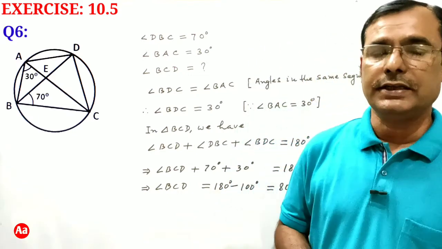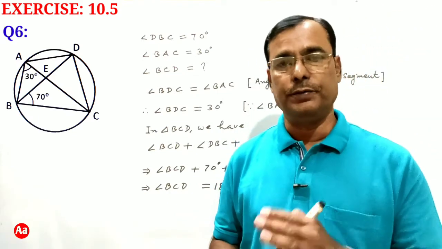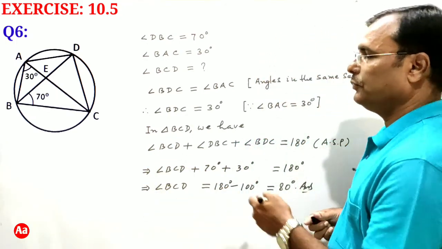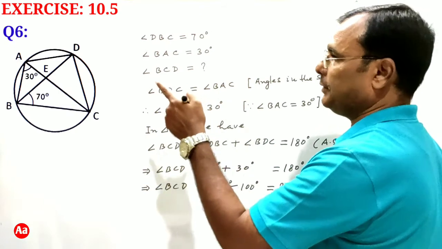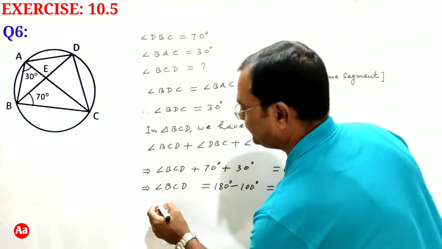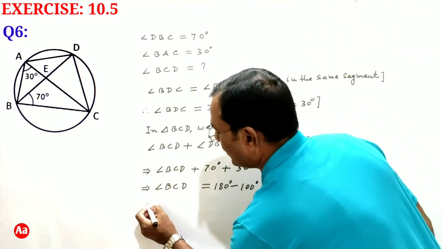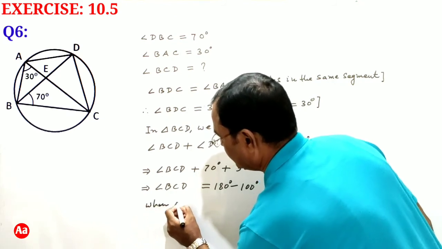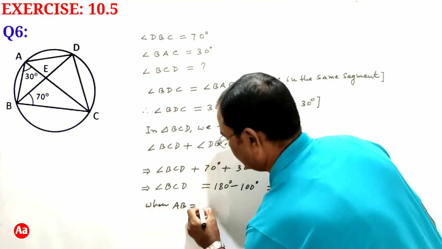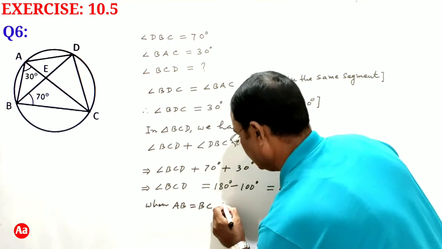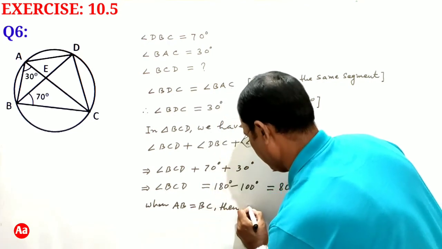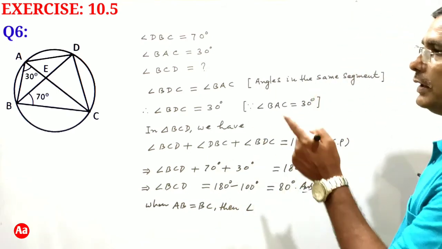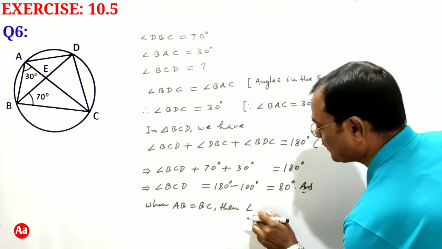Now one condition is given: if AB equal to BC, then find angle ECD. So see in the figure, when AB is equal to BC, then angle BAC is equal to angle BCA.